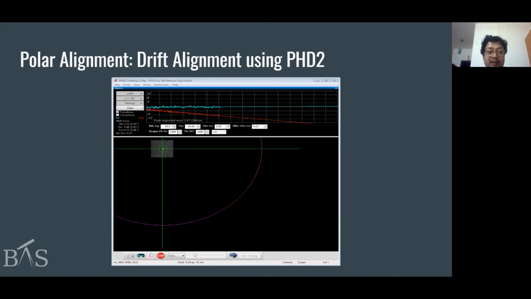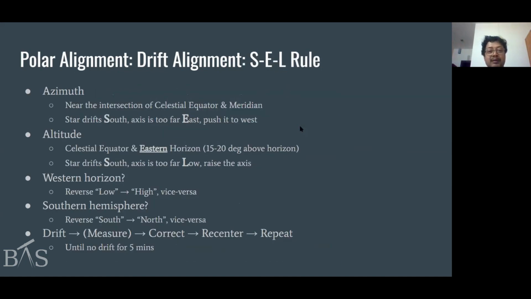In order to find out which drift is south drift, either going down is south drift or going up is south drift, given the configuration that you have, guide scope, whether you're using OAG or your guide camera, whether it is mirroring or your optics has a diagonal because of it getting flipped and all that, you need to find out which direction is south. Then you can do the correction as per this rule.